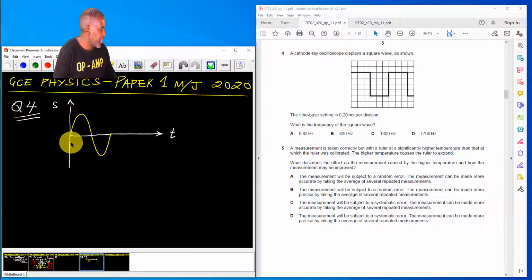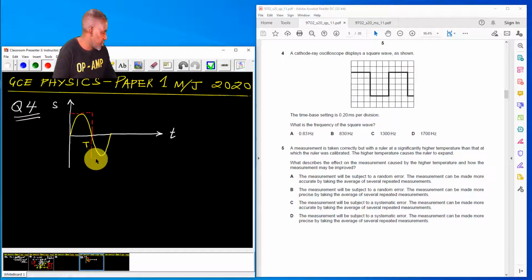This is usually the periodic time from here to here. It is a periodic time. Now, if we convert this sinusoidal wave into a square wave, this is what we are going to get. We are going to have a situation whereby the whole of this occupies that. Over here drops to 0.